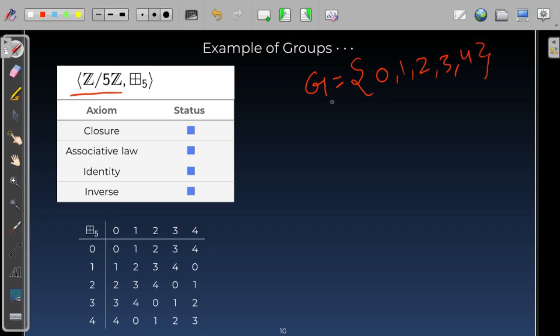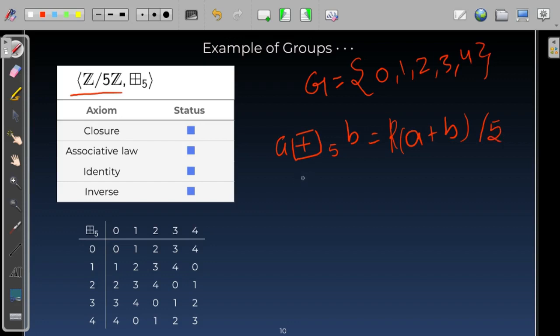And we are doing modulo 5 addition. So a plus b under modulo 5 is equal to the remainder when a plus b is divided by 5.